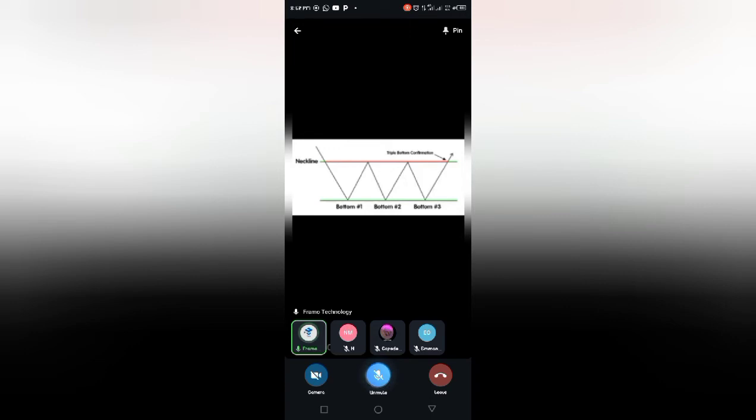And bearish reversal is the same as bearish patterns. It means the upward direction is about to end and the downward direction is taking over. So take note.